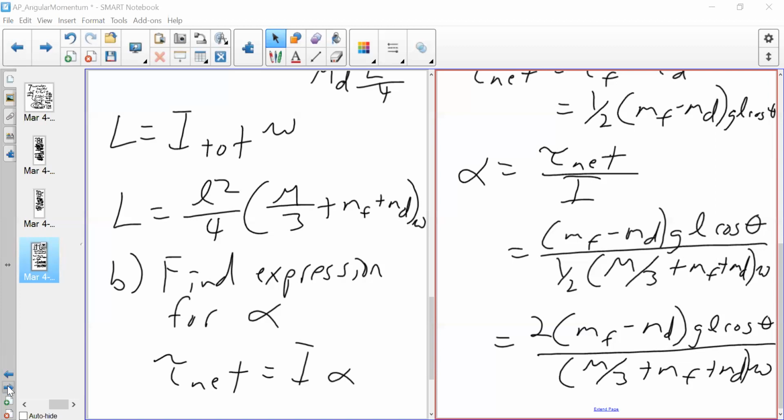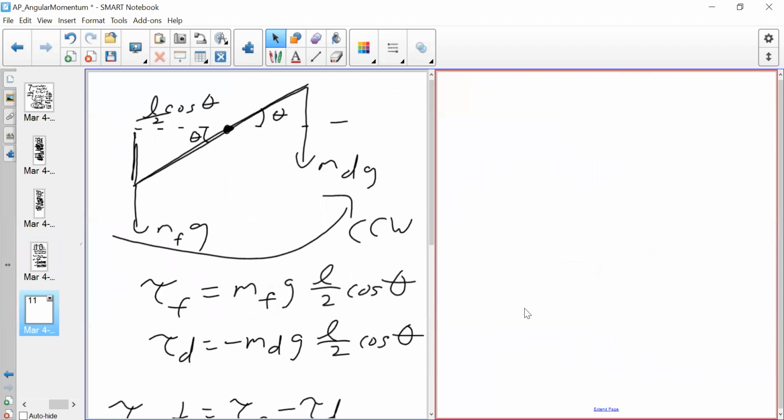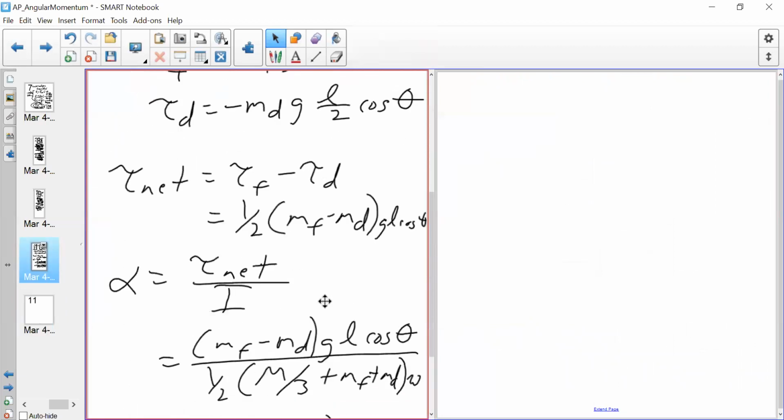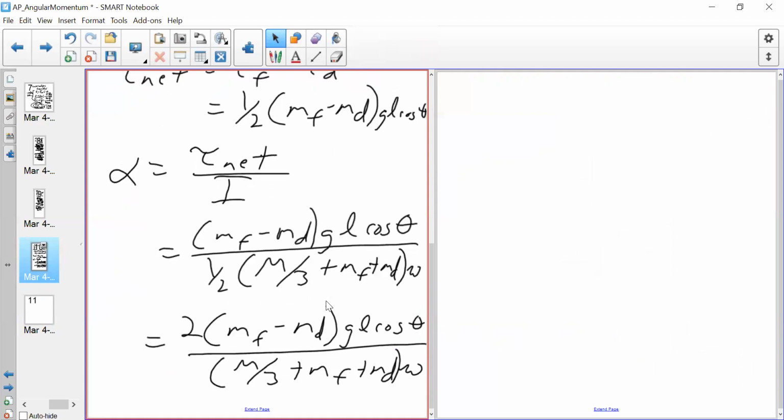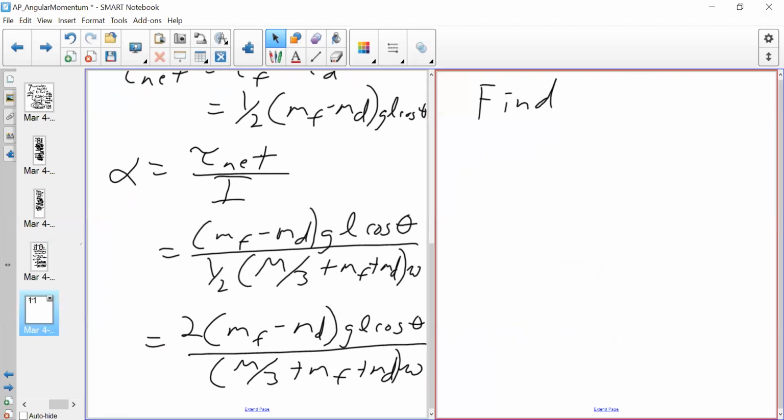Now given this expression for alpha, let's look back at the example. Let's take 10 minutes or so to find expressions for the linear acceleration, or tangential acceleration.